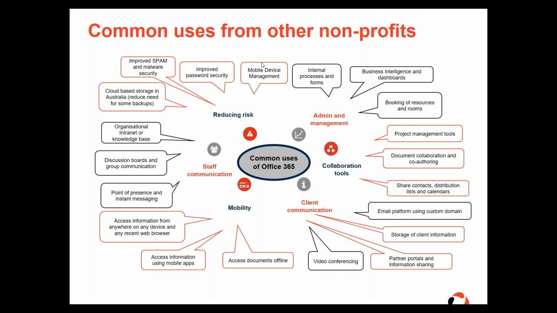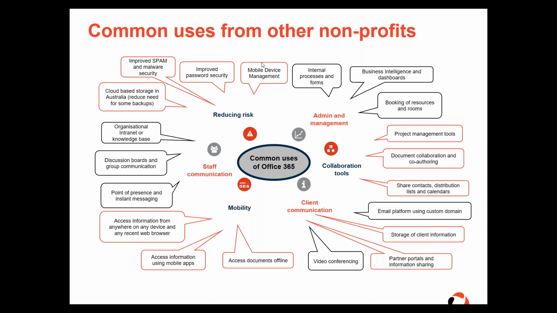But some of the newer features are things like business intelligence and dashboards, internal processes and forms, where you're reducing all that paper-based manual effort that we see in so many not-for-profits.